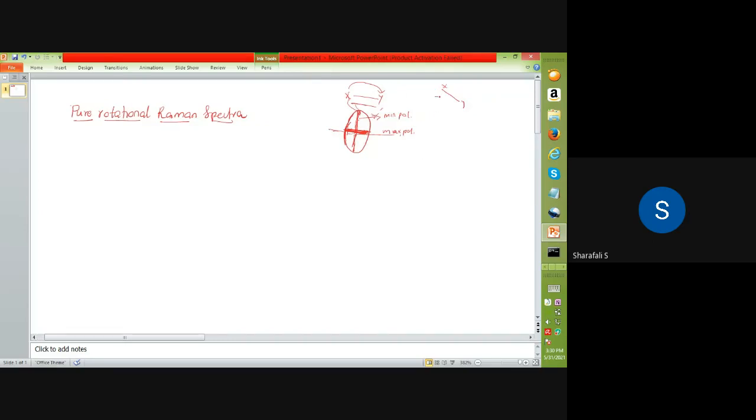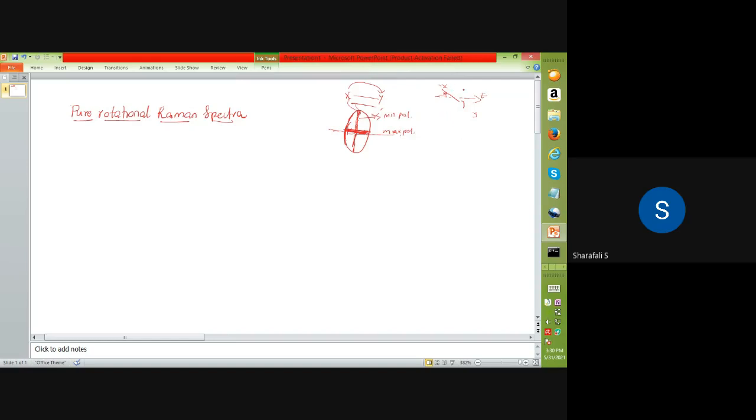So in this case, if you are applying the electric field in this direction, that is making an angle theta with its axis, the XY axis, then you may not get the large polarization. You will have some polarization, but it will be less than before. But in this direction, you will be getting smaller polarization.